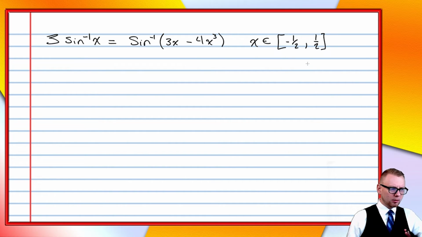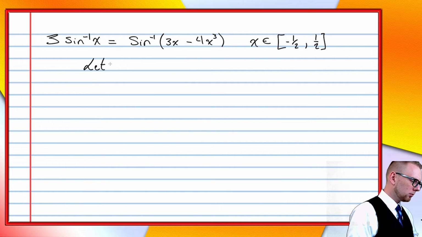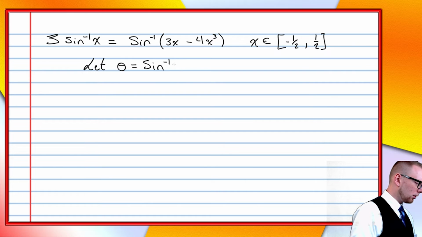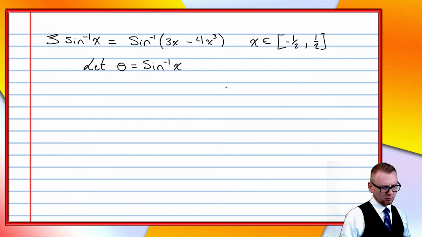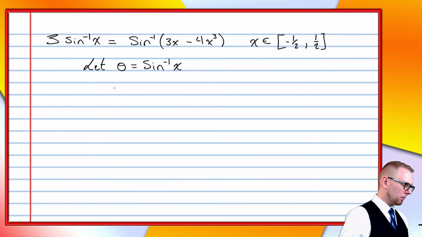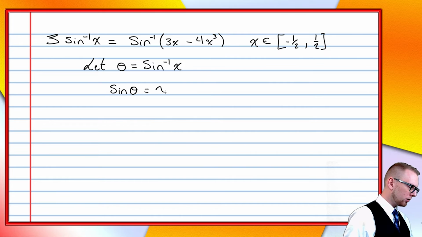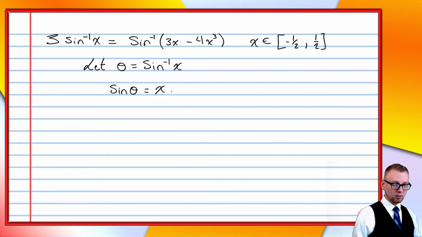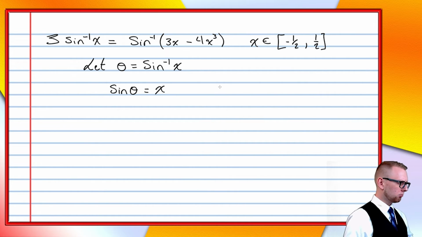Okay. This one is going to be a little bit tougher. First, let's just let theta equal the sine inverse of x. Okay? That means that the sine of theta is equal to x. Okay? And we're going to work with the right-hand side.